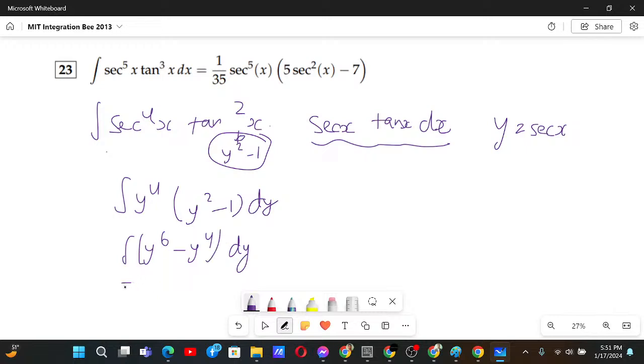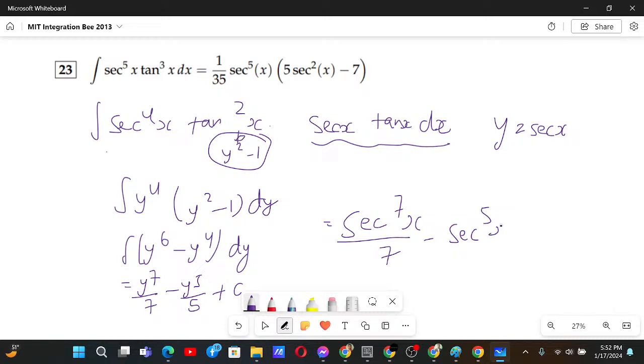And the answer will be y to the power 7 by 7 minus y to the power 5 by 5 plus c. Now y is sec x. So we will have sec to the power 7 x by 7 minus sec to the power 5 x by 5 plus c. This is the answer.